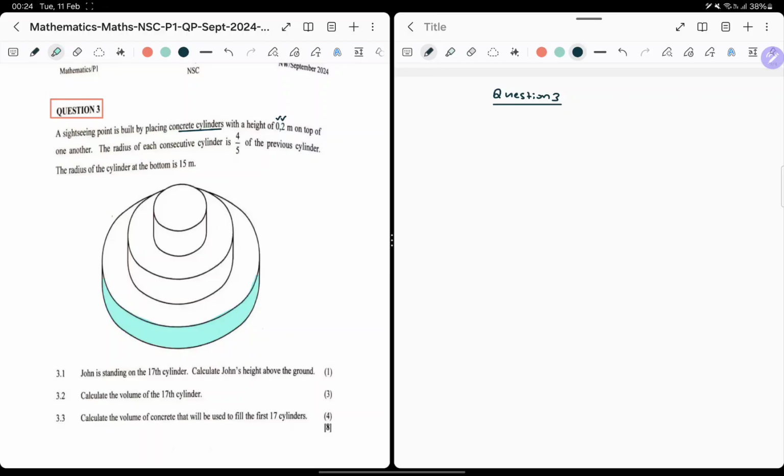So this is the cylinder, and we are told that the height from the top to the bottom is 0.2 meters. And of course, this is going to be the top of the cylinder.